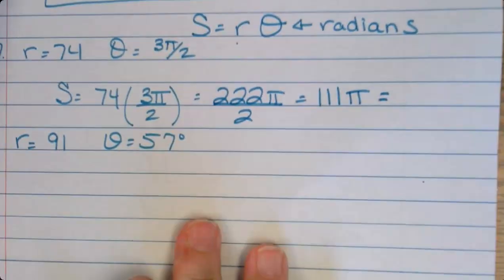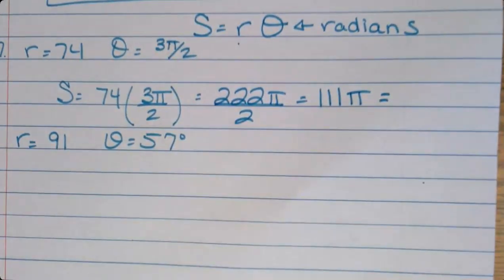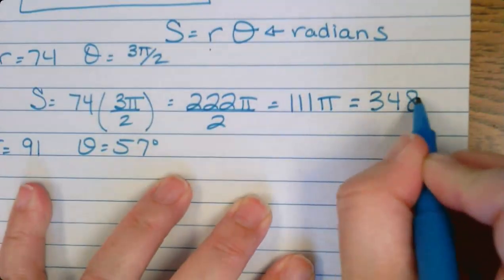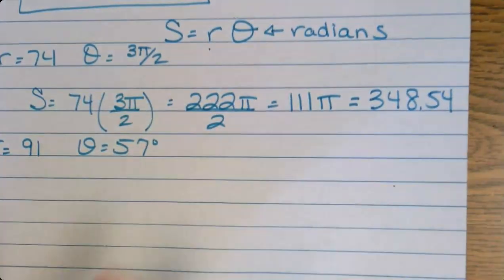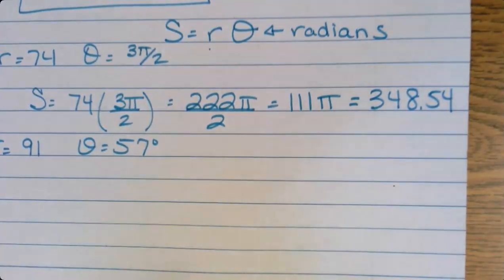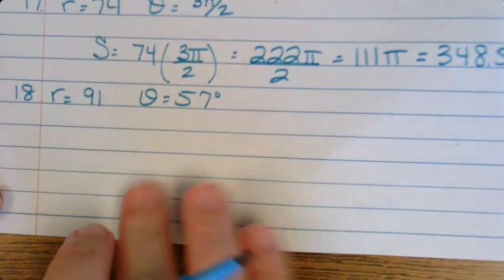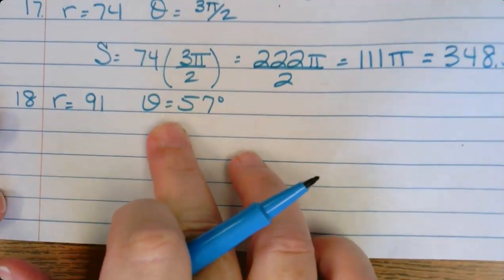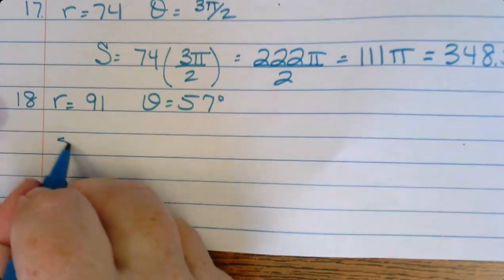If we get decimals, 111 times 3.14, we get about 348.54. Okay, so does it matter which one? Both are correct.